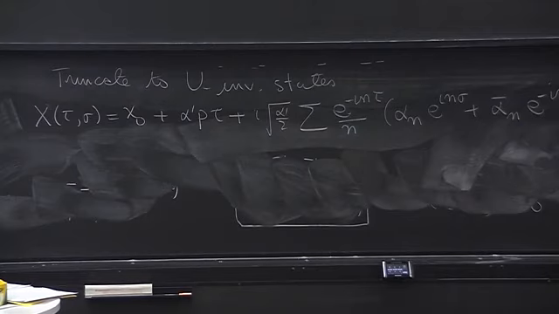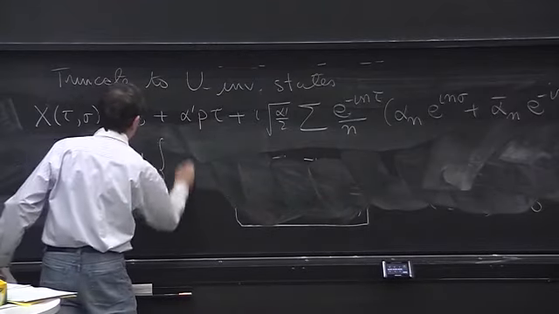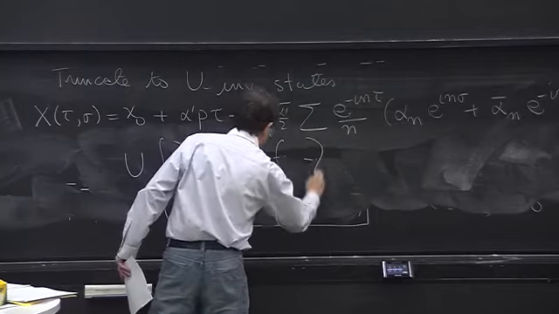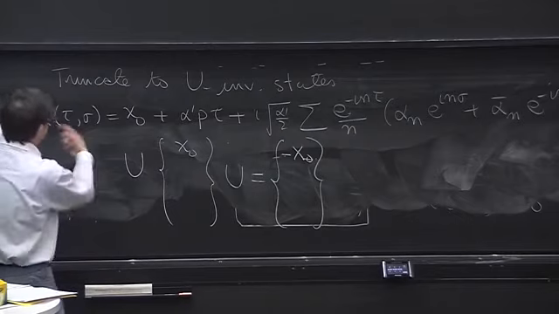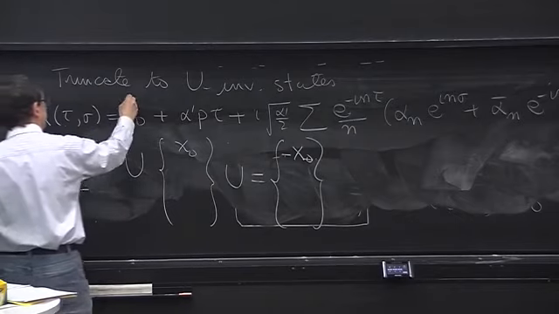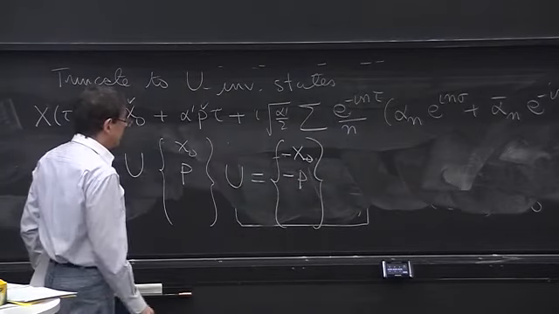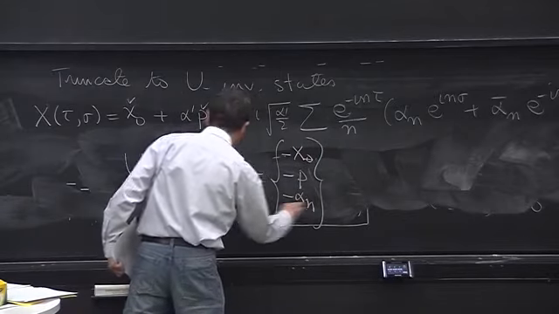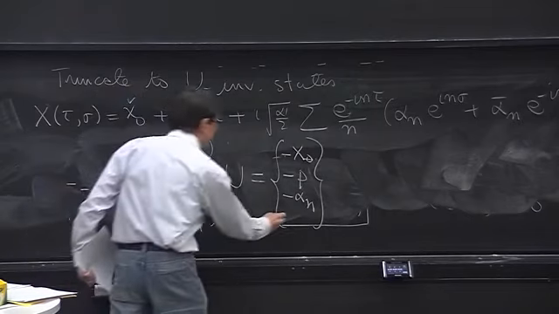Well, if U does this, it's clear that U acting on x0 should give you minus x0. Because if U acting on this is supposed to give you minus x, the operator here is x0. Here is p, so acting on p must give you minus p. Acting on alpha n has to give you minus alpha n. And acting on alpha n bar is going to give you minus alpha n bar.